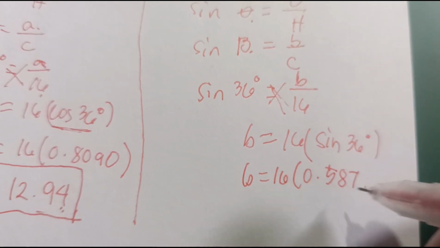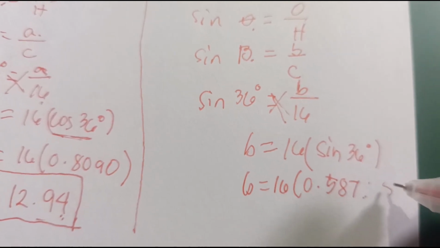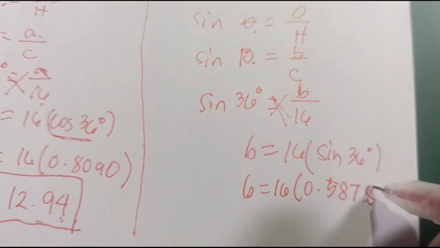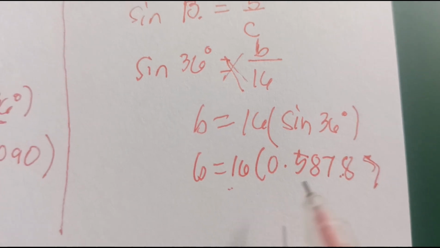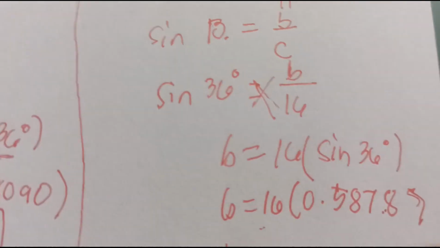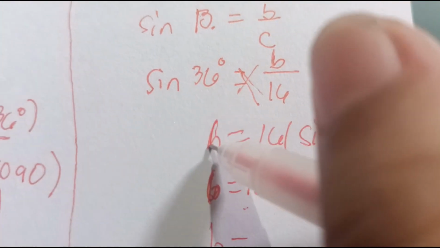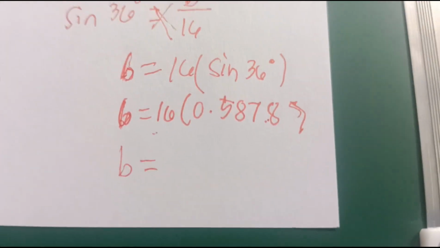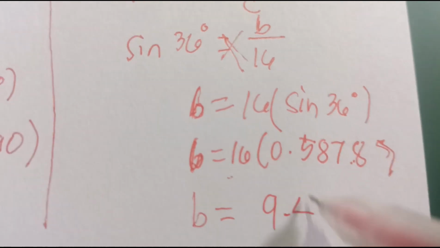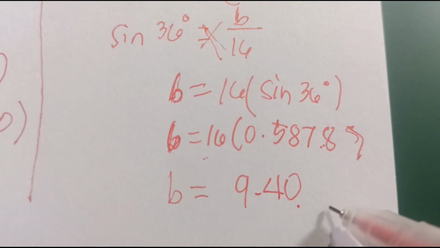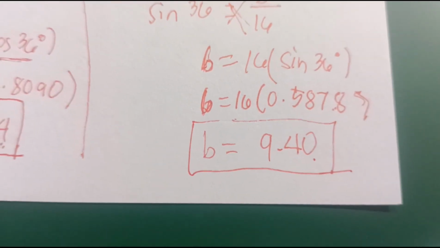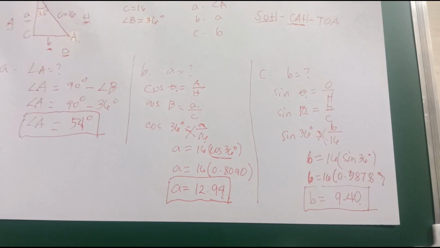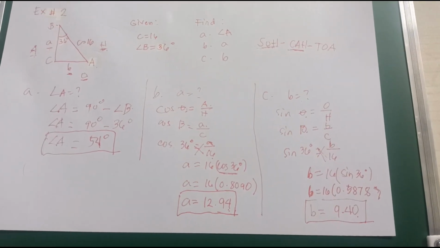Since the next digit after 7 is 8, it can be rounded off to 8. Next, we multiply 16 times 0.5878. The value of B is 9.40. The digit after the 0 is 4, so we're not going to round off. And this is the value of our B. And that's all. Thank you for listening.